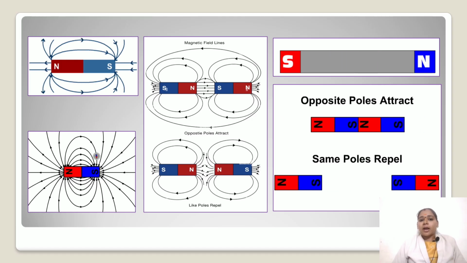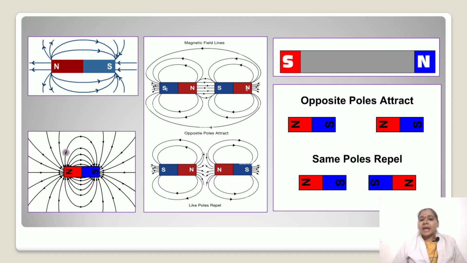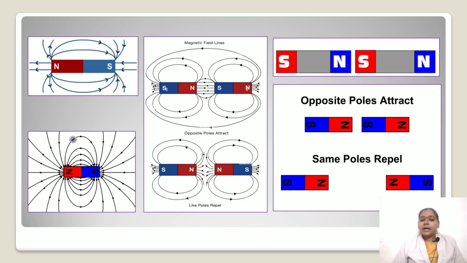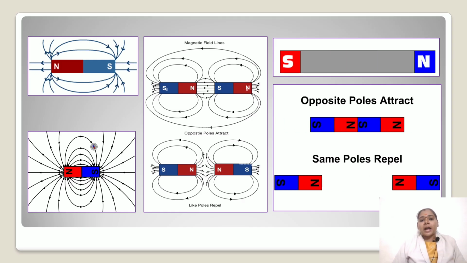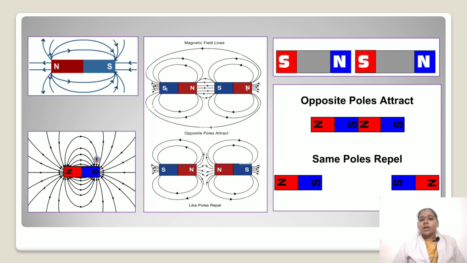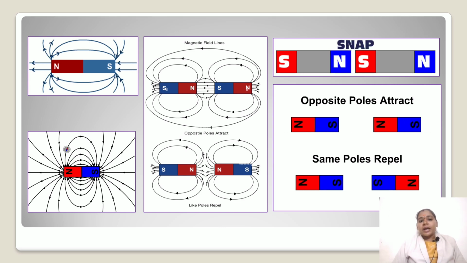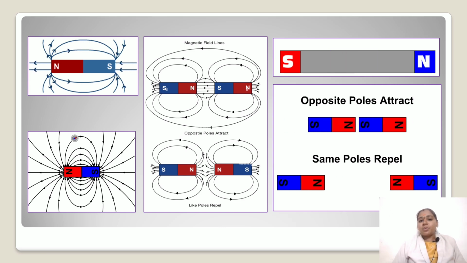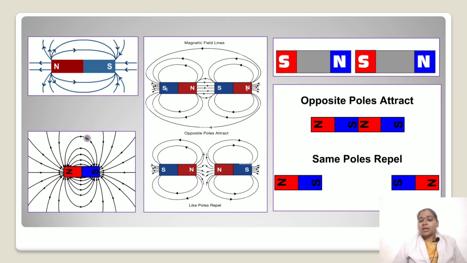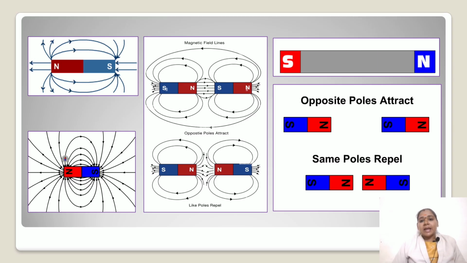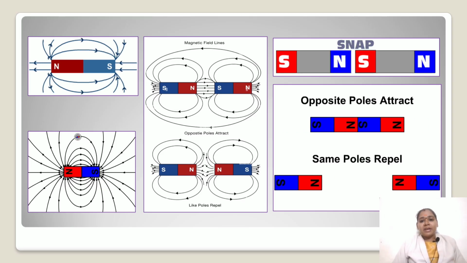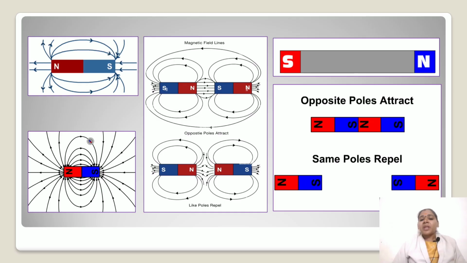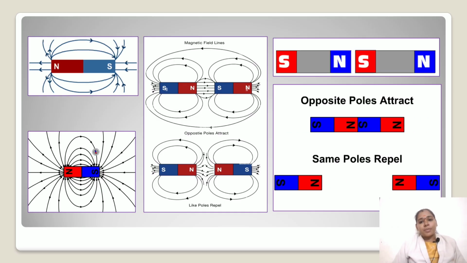In the top diagram, opposite poles, N and S, are placed near each other and the lines flow smoothly from one magnet to the other. This shows attraction. In the bottom diagram, similar poles like north to north or south to south face each other and you can see the lines pushing away. This is repulsion.